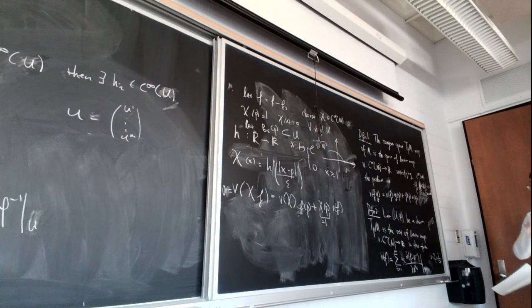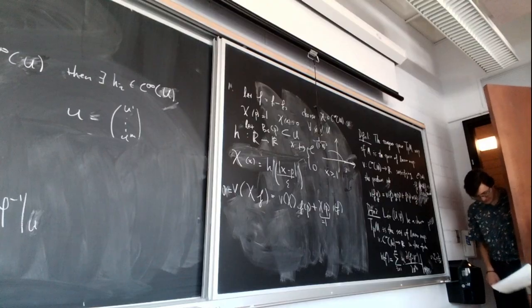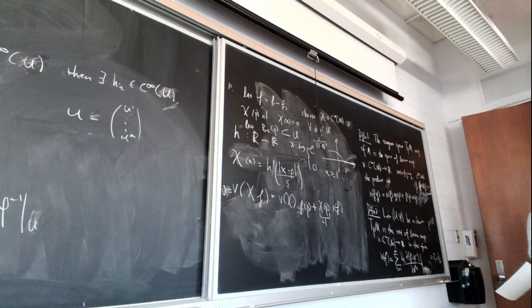V of chi is just V of some constant function, because these are all the linear maps that take functions on U. Chi on this open set U is equal to chi squared, right?